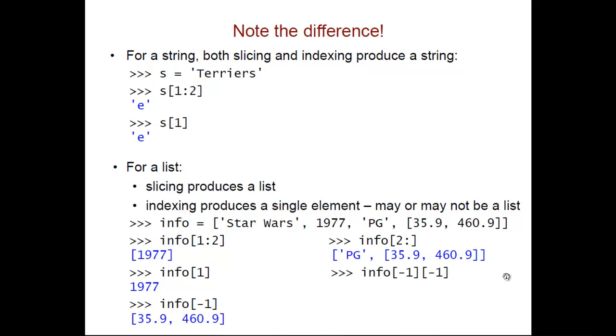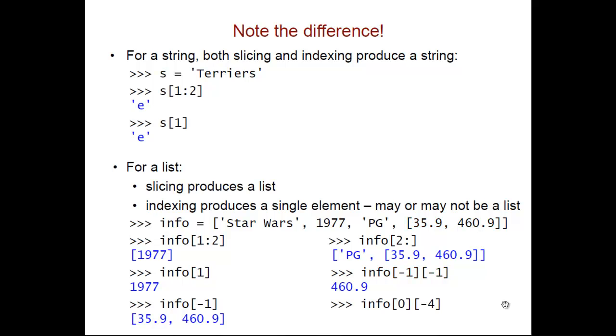Now this expression looks a little complicated. What we're going to do is work our way from left to right. So we start by figuring out what info -1 is. And again, that's the last element of the list info. And in this case, that last element is itself a list. And then this -1 here is saying, give me the last element of that list. And so I end up with this float 460.9.